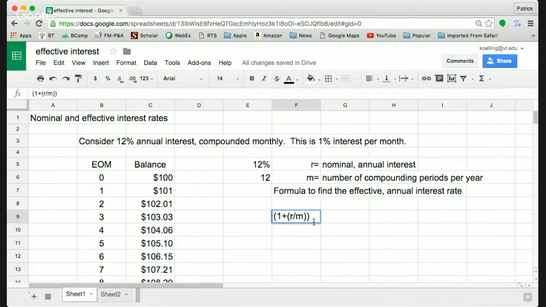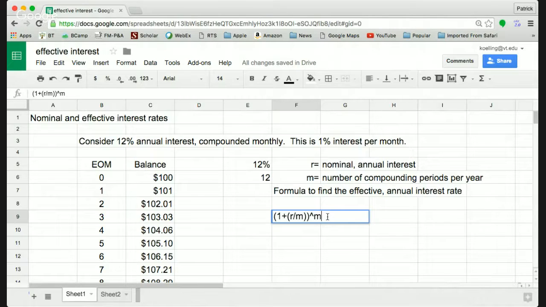R over M is the interest per compounding period. So if it's compounded monthly, the compounding period is a month, and R over M tells us what the interest is per compounding period. I'm going to take that to the power M.